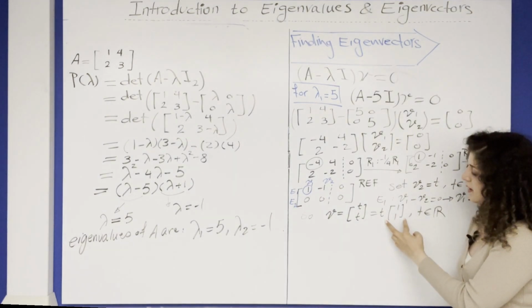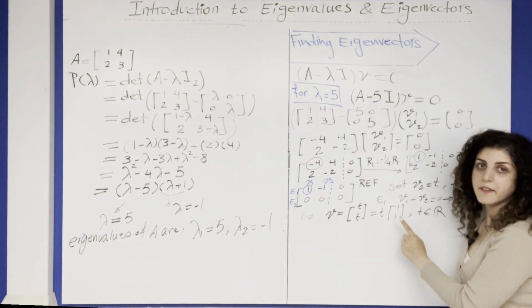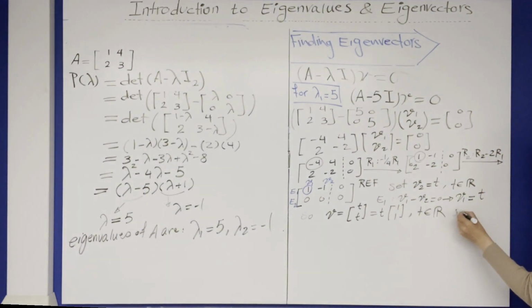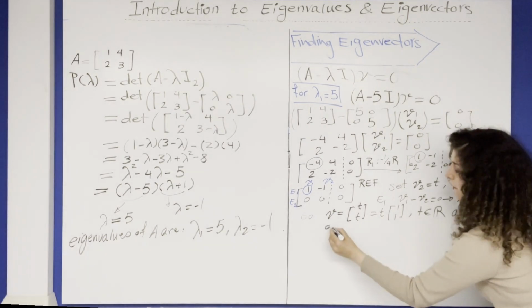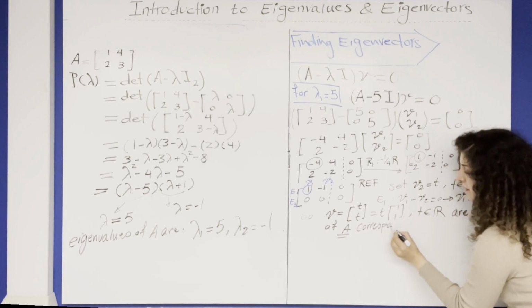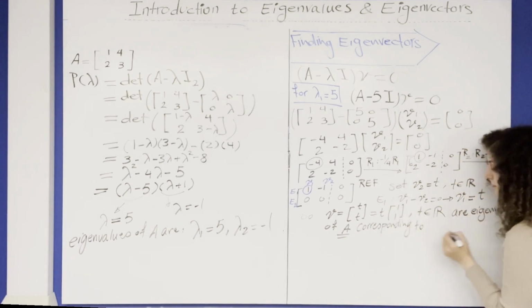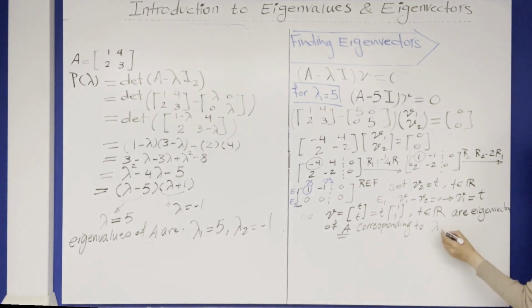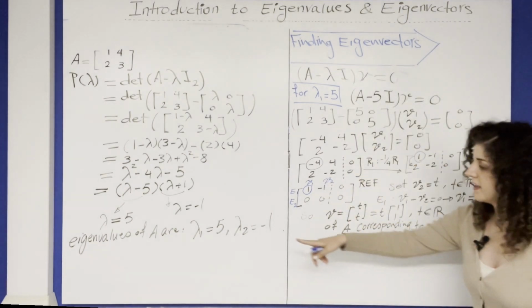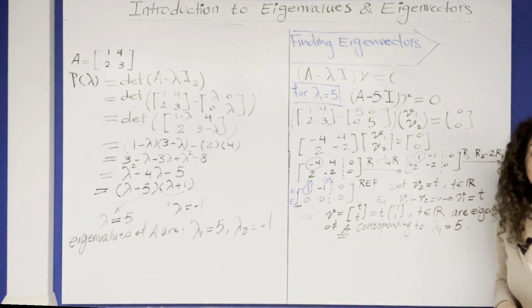So all eigenvectors are going to be a scalar multiple of this vector. So these are eigenvectors of matrix A corresponding to eigenvalue 5.